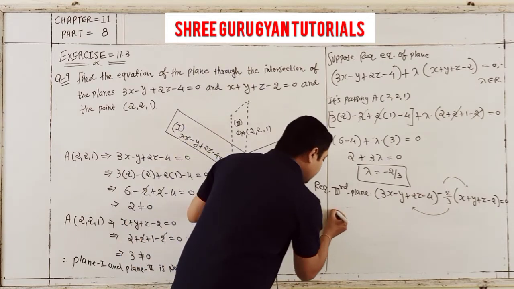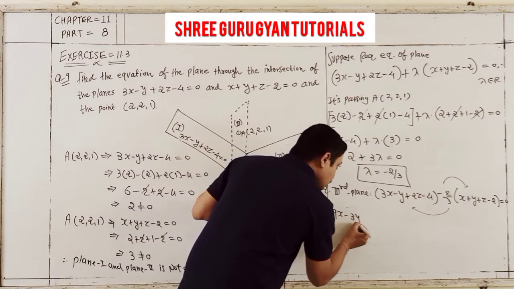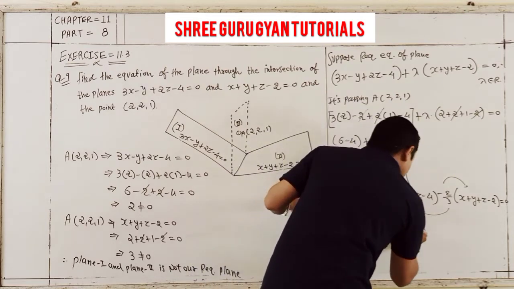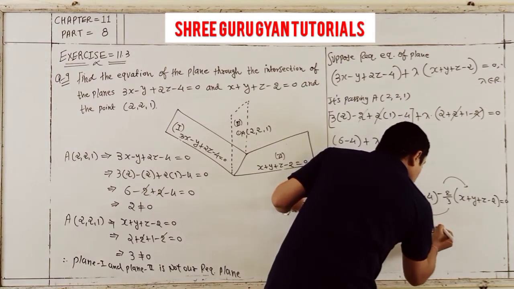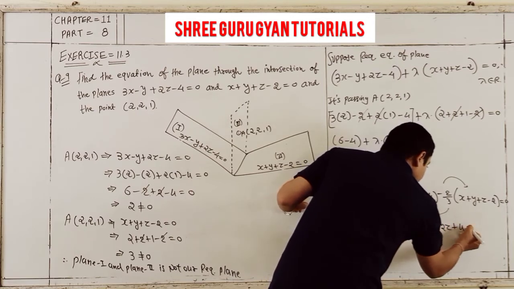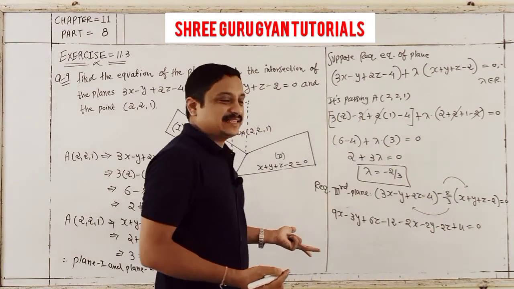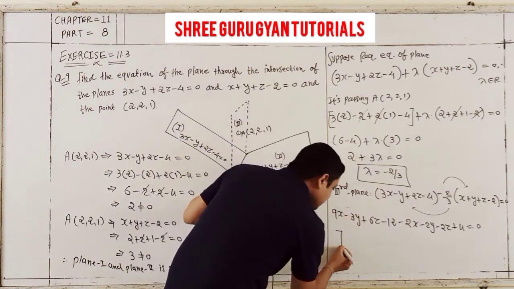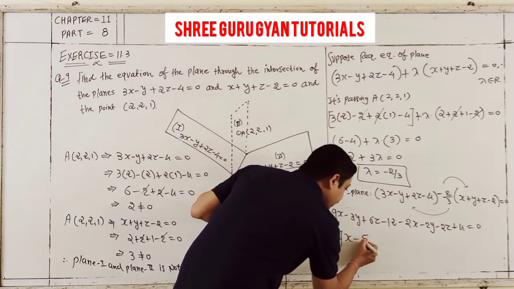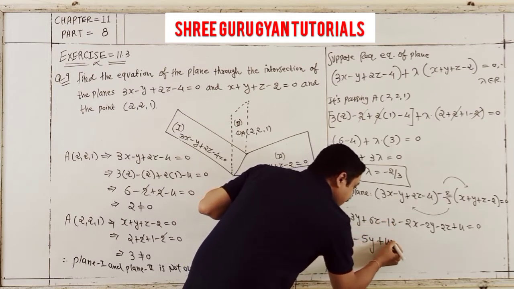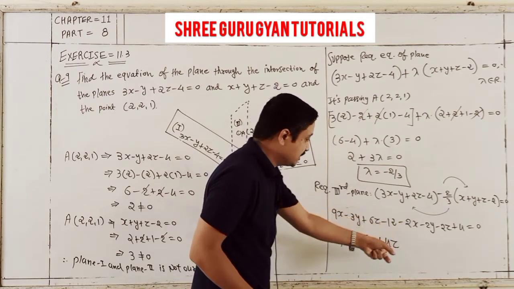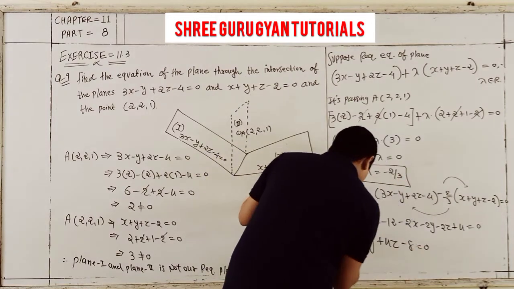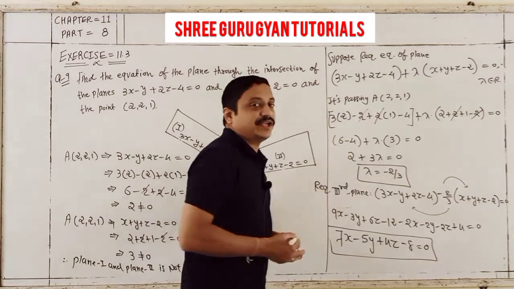So 3 times 3 is 9x, minus 3y, 3 times 2 is 6z, and minus 12, then minus 2x minus 2y minus 2z plus 4. Now cancel the LCM 3 with 0. So 9x minus 2x is 7x, minus 5y, plus 4z, and minus 12 plus 4 is minus 8, equals 0. That's your final answer.